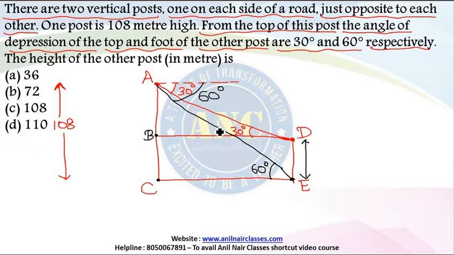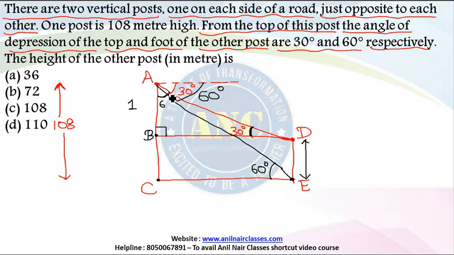Now if I take this smaller triangle ABD, this is 30 degrees. Opposite to 30, I will assume it as 1 unit. If I assume opposite to 30 as 1, then this angle becomes 60 degrees. Opposite to 30, if it is 1, opposite to 60, I am taking the smaller triangle, right sir?